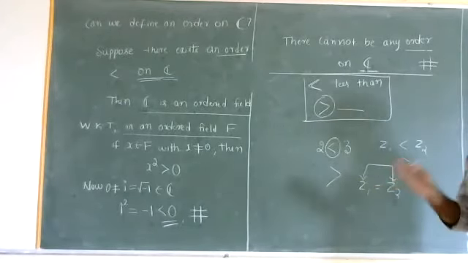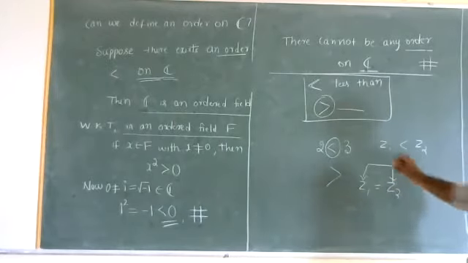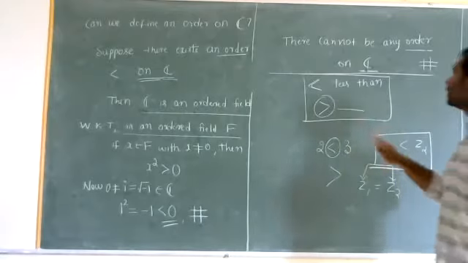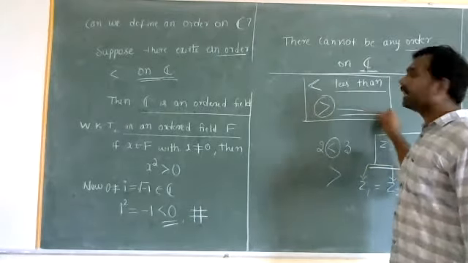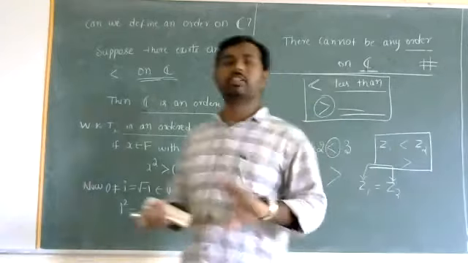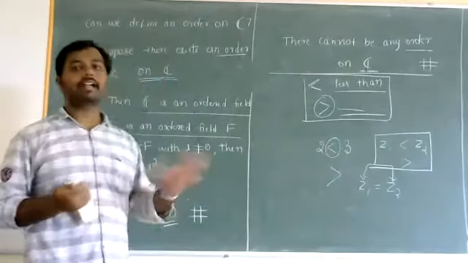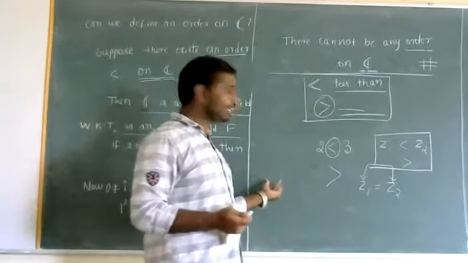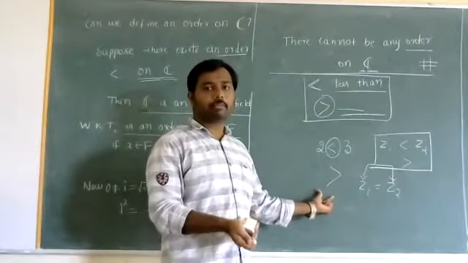That means both have the same real and imaginary parts. But we cannot compare two complex numbers in the notion of lesser and greater. So hence we do not have the notion of smaller and bigger complex numbers. Given a complex number, you cannot say it is less than another complex number.